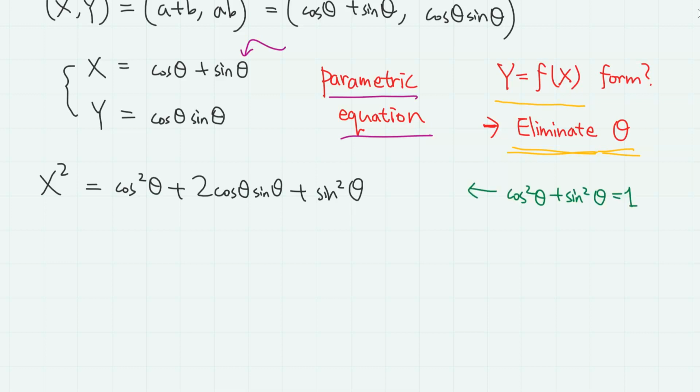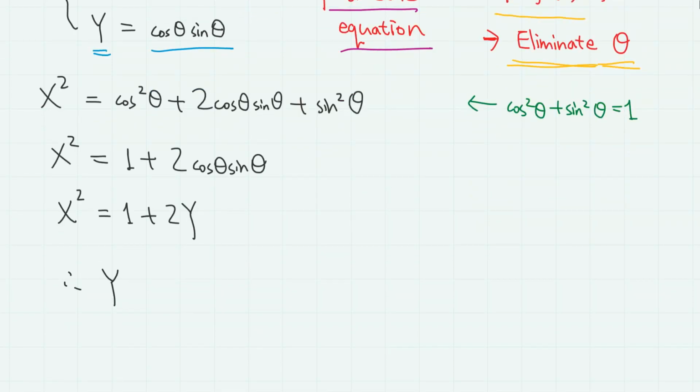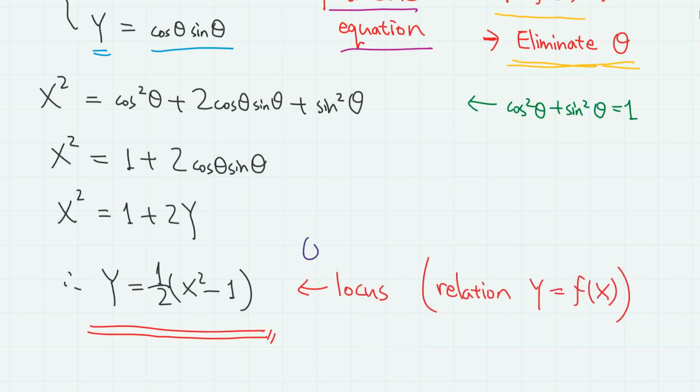And using that cosine squared theta plus sine squared theta equals 1, we have x squared equals 1 plus 2 cosine theta sine theta. And since cosine theta sine theta equals y, we have x squared equals 1 plus 2y. Therefore, we have y equals 1/2 x squared minus 1. Here, the parameter theta is eliminated, and we obtain the relation between x and y.